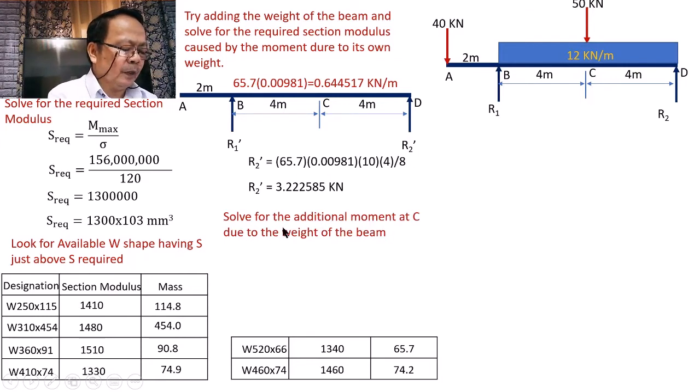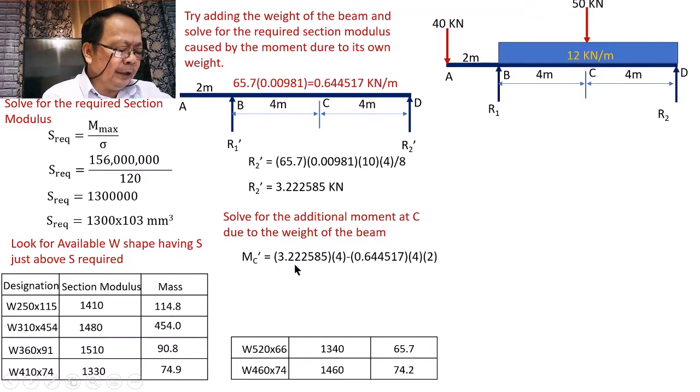Pagkatapos, solve natin yung additional moment at C due to the weight. And this will be taken as 3.22585 multiplied by 4, if we will be summing up moment about C, di ba? And we consider the left hand side of the exploratory section. I'm sorry, the right hand side of the exploratory section. Kaya we shall have here 3.22585 times 4, representing the moment arm of R sub 2 prime at point C, minus yung moment due to the weight, that is 0.66517 times 4 times 2.